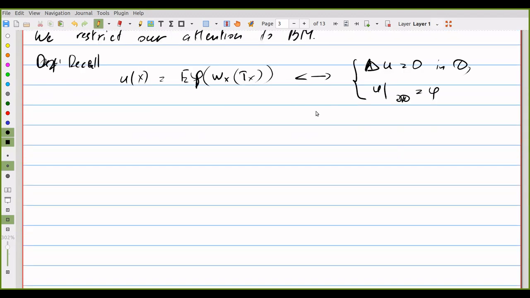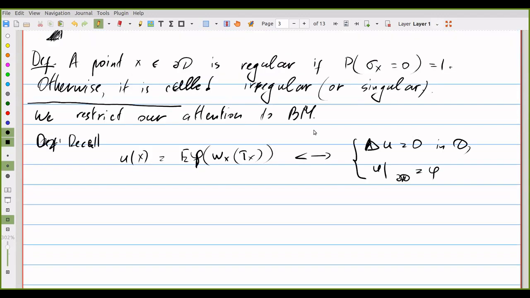So this is well defined, and we also have an estimate on the mathematical expectation of this τ_x.